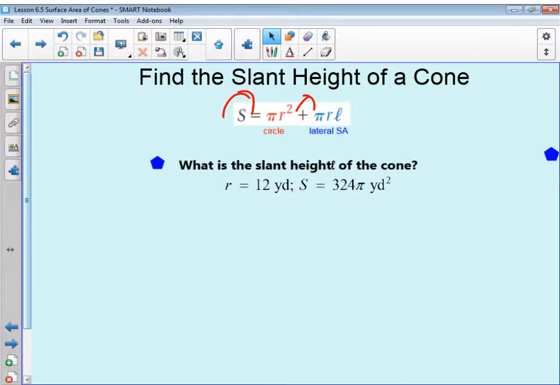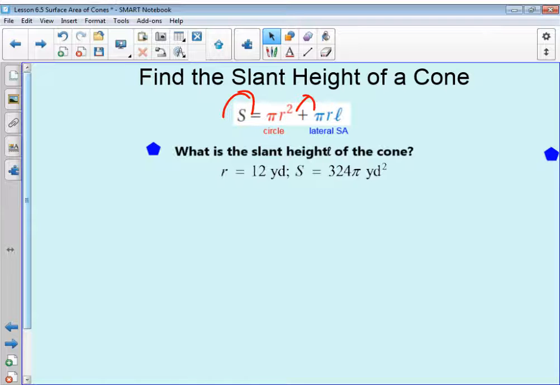Now sometimes they ask you to find the radius. So here, information I know. Wherever I have an R, I can put a 12. So I have a 12 right here. So here's the thing. I want to do that squared. My surface area, my S is 324 pi, so that's going to go here.